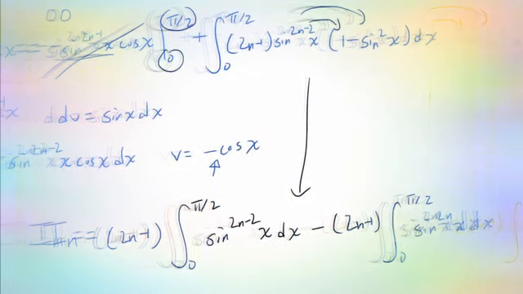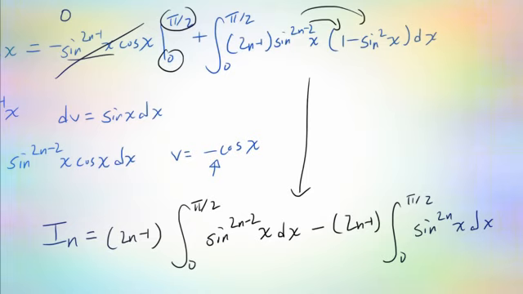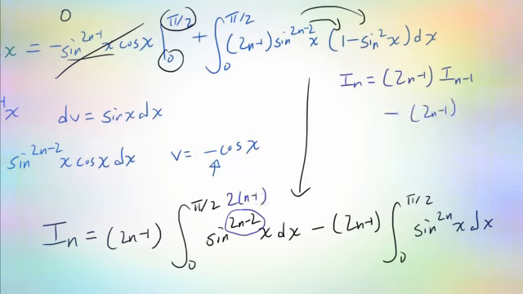So we get that I sub n, let's finish it up, I sub n is equal to 2n minus 1 of I sub n minus 1, because we have the even number right below it. That's 2 times n minus 1, minus 2n minus 1 times I sub n.